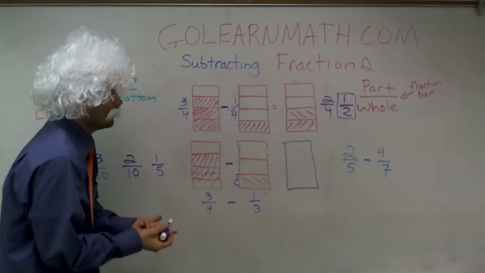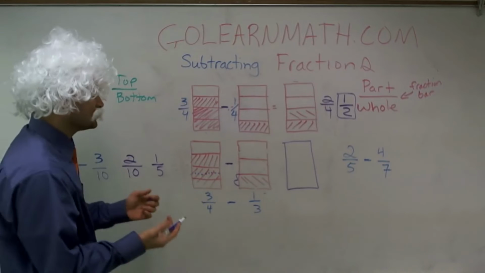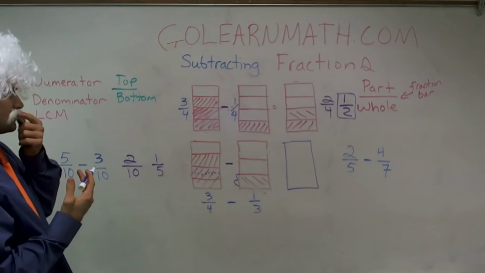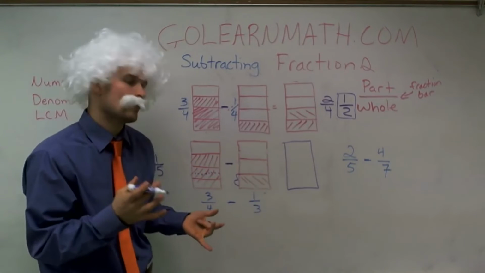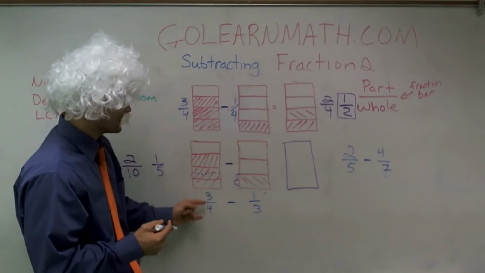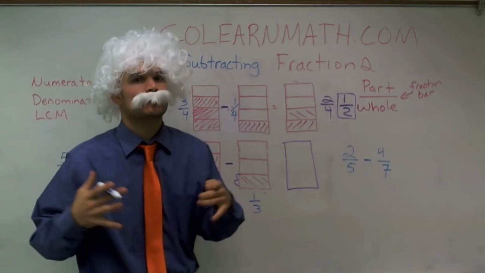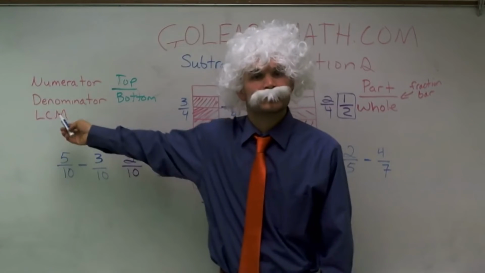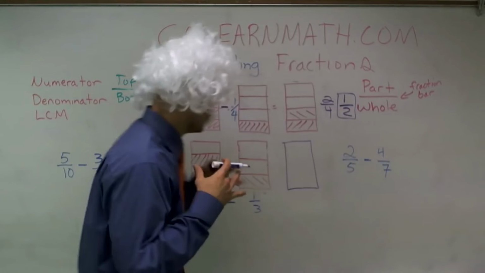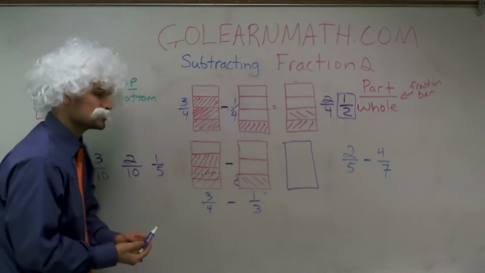So I don't really know what that value is. So what I need to do is segment my new candy bar into a measuring point that fits for both 3/4 and 1/3. The way we find that measuring point is finding what we call the LCM, or the least common multiple. So I need to find the least common multiple for my two fractions.